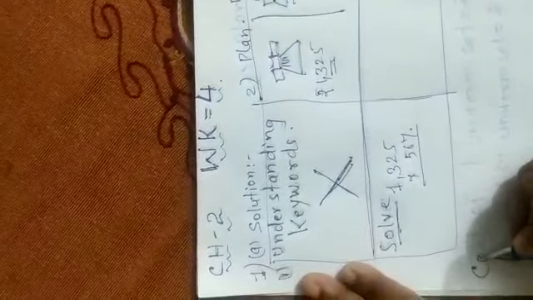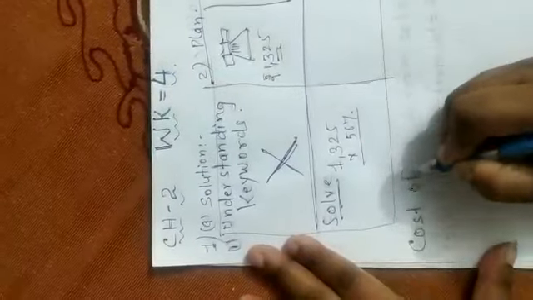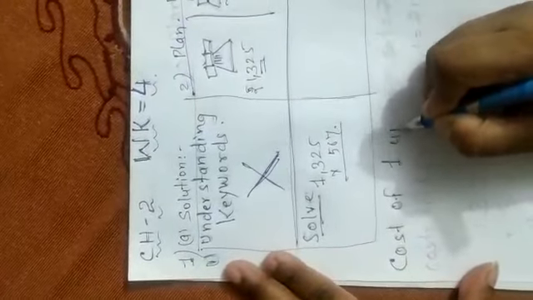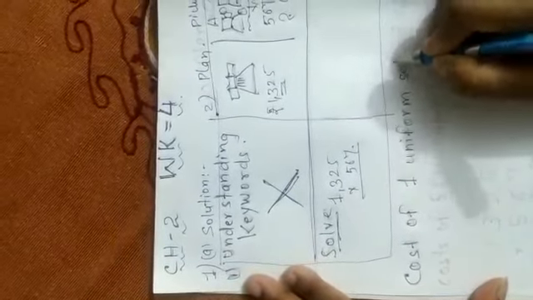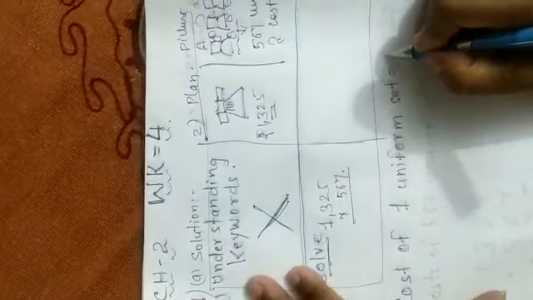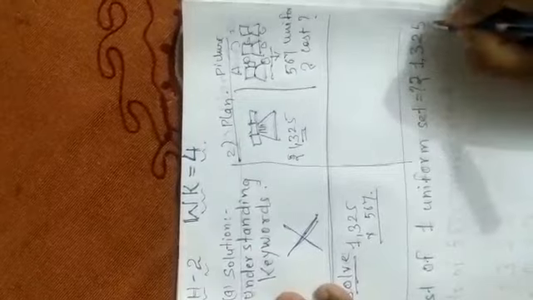Now let's do the solution. The cost of one uniform set is what? It is rupees 1325, right?